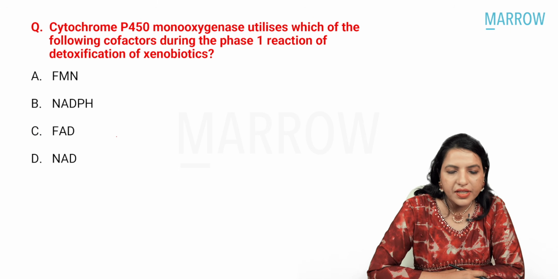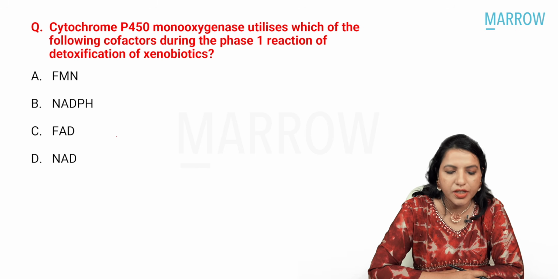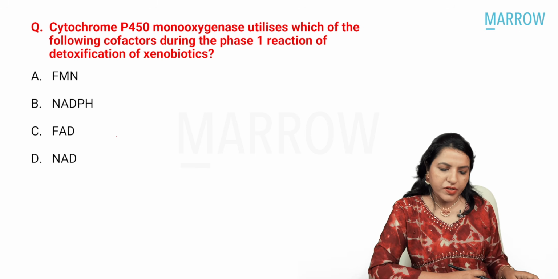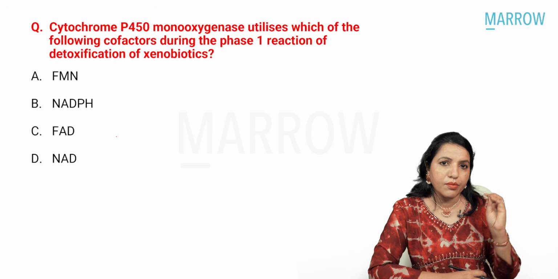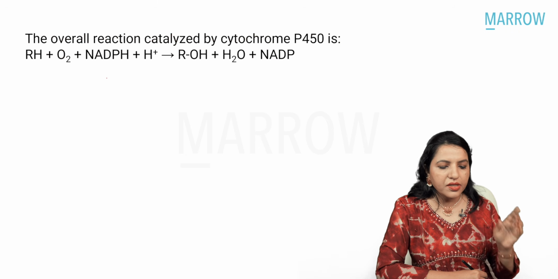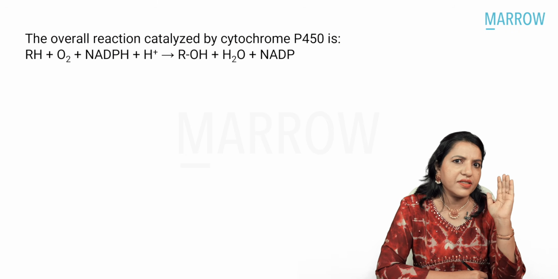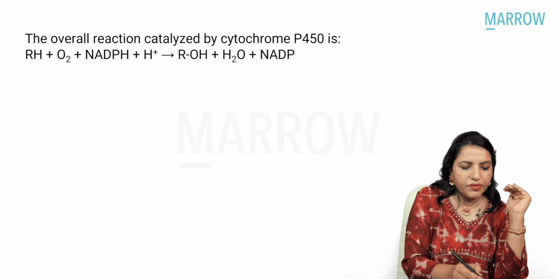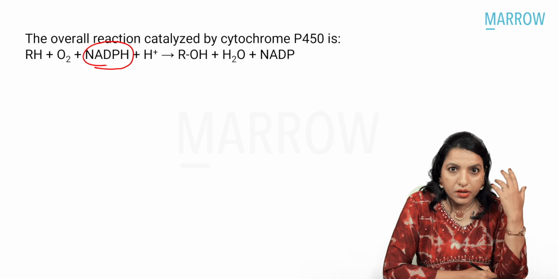Okay, so now we are moving on to the next question. Cytochrome P450 monooxygenase utilizes which of the following cofactors during the phase 1 detoxification reaction of xenobiotics? Here we all know cytochrome P450 is a monooxygenase which uses NADPH. This is the overall reaction catalyzed by cytochrome P450 as given in Harper, where we can see that NADPH is the coenzyme.